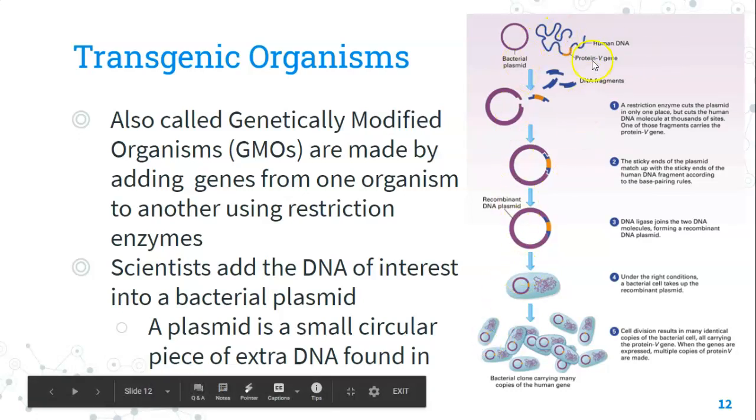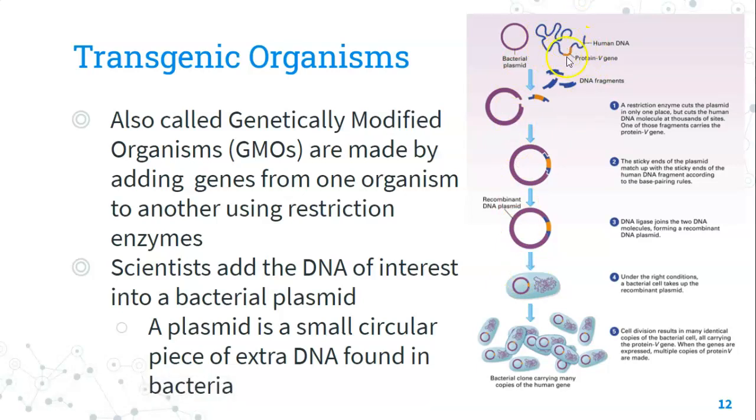And so looking at this picture over here, you can see that the human DNA, we have our DNA of focus, right? Our interesting DNA that we want to use in this bacterial plasmid. So we break that up using the restriction enzymes, and we insert it into our bacterial plasmid, which is this purple circle. Once it's in there, DNA ligase comes in and completes everything, right? It makes it one smooth plasmid again, and then it gets inserted back into a bacterial cell.